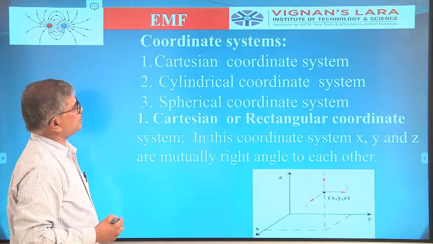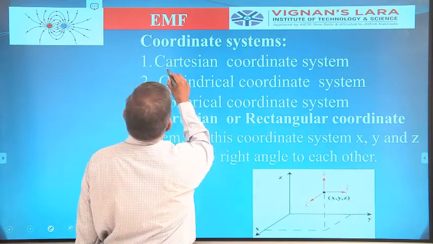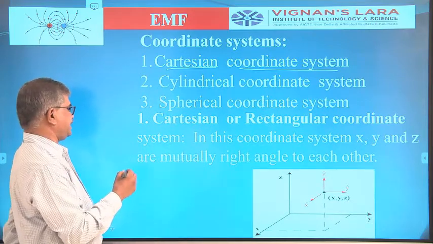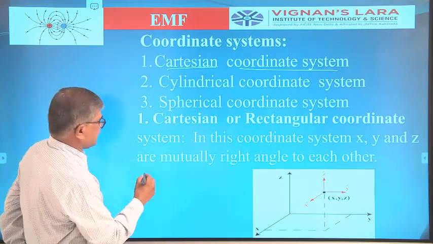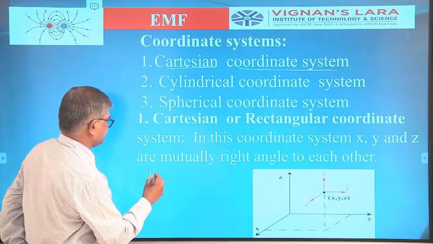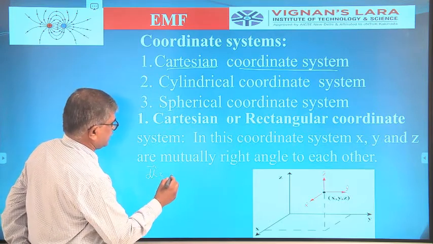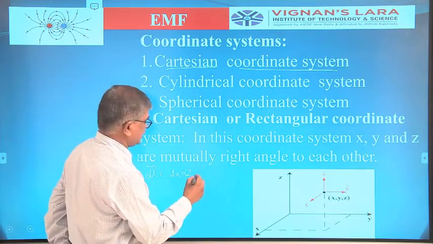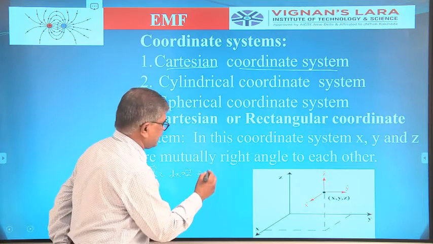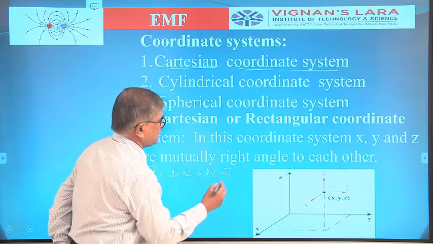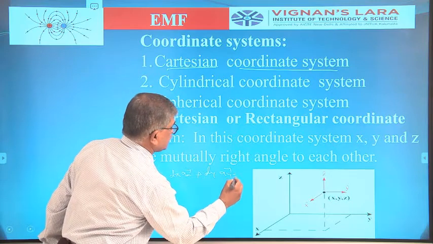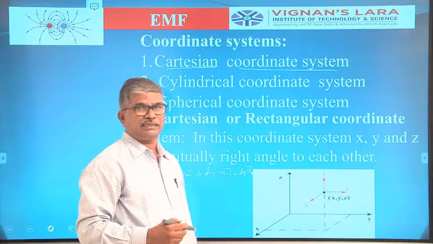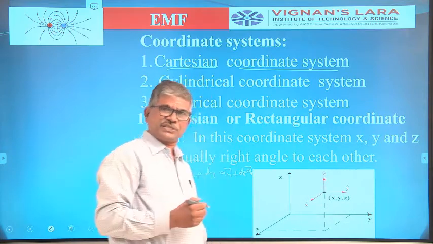In the Cartesian coordinate system, the differential length, meaning the total length, is given by dl bar. dl bar equals dx ax bar plus dy ay bar plus dz az bar. This is the differential length in the Cartesian coordinate system.